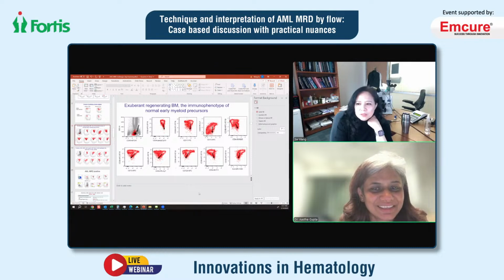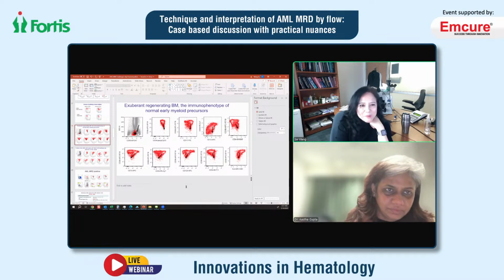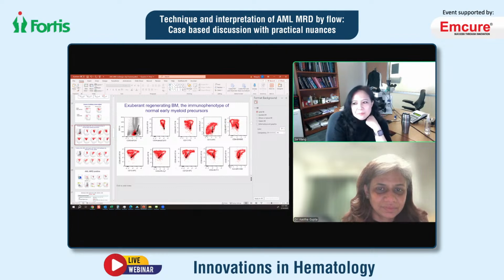So as I say, if you see a CD33 and a CD13 altered, you have to go back to CD33 versus CD13 and CD33. If they look like this, you're probably okay. The immunophenotype is very consistent, no matter what.